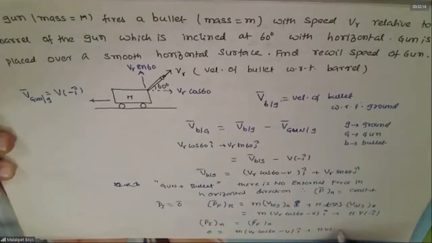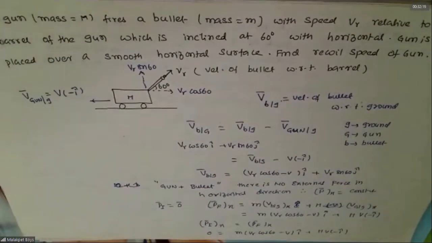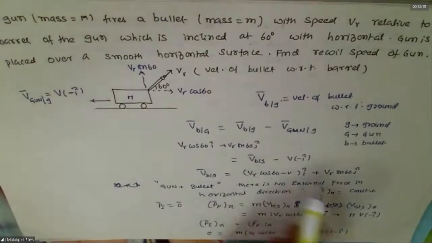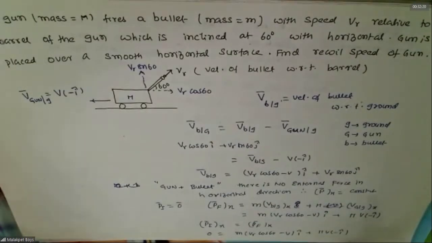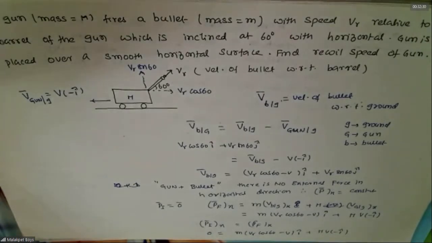Understood this? Understood, sir. So when you're doing this problem, if one sign goes wrong somewhere, or in any of the small simple things, with respect to ground, instead of that you're taking with respect to gun, the whole problem will go wrong. You won't get the answer and worry starts. That is why physics is difficult, nothing else.